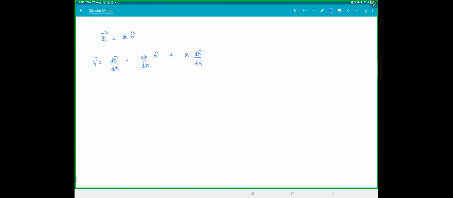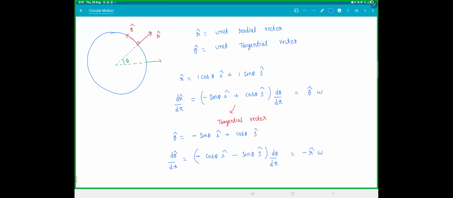So this would be dr by dt r cap plus r into, just now we saw what is d r cap by dt, theta cap into omega, r omega theta cap.